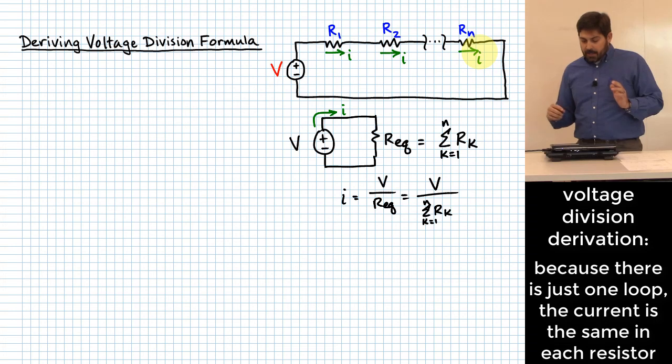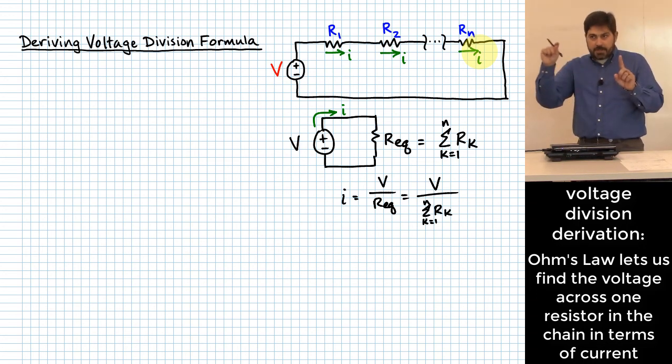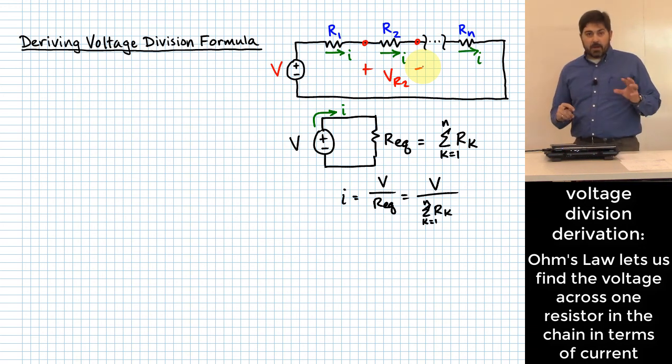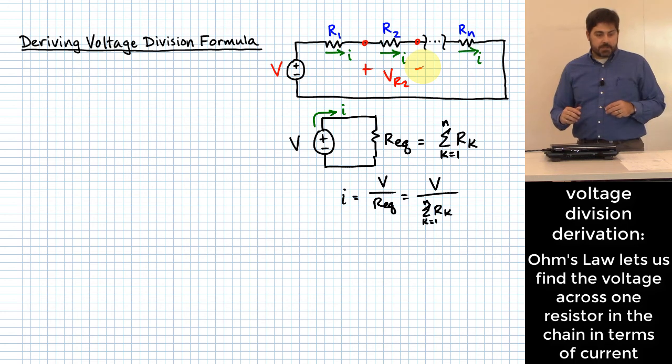Okay? Now, what we said we're trying to do is figure out how much voltage we are going to have across any one of the resistors in the chain. So what that might look like for resistor 2, for instance, we would say this would be VR2, maybe, something like this, plus and minus like that. Right? We're trying to figure out what that voltage would be for that one element. And so instead of doing it for just resistor 2, let me do it generally for resistor K, right?